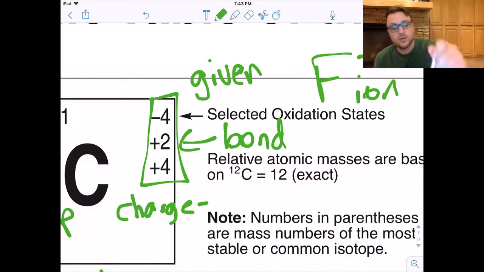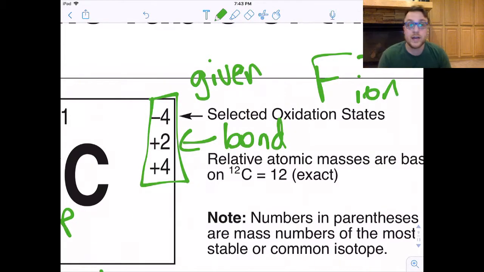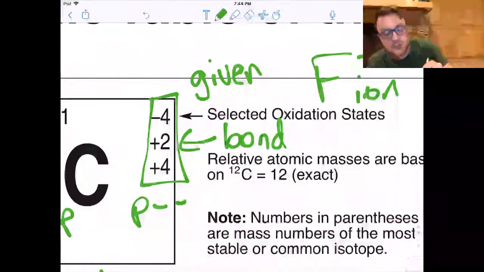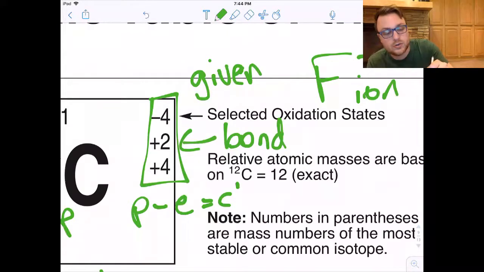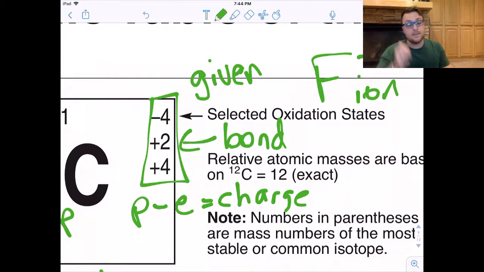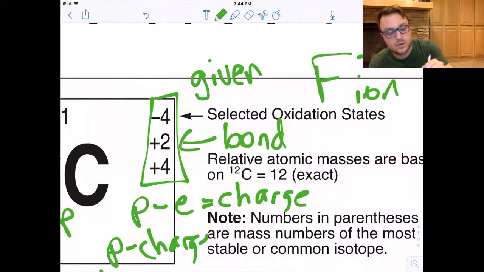So when you're trying to figure out how many electrons you have, if you're given a certain charge, and you know that protons minus your electrons should equal your charge, that means the protons minus the charge should give you how many electrons you have.